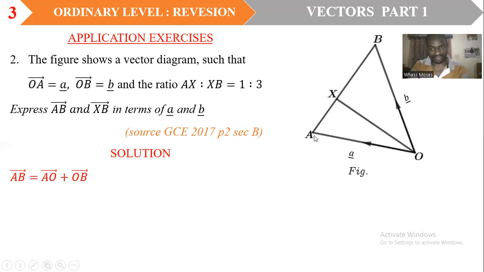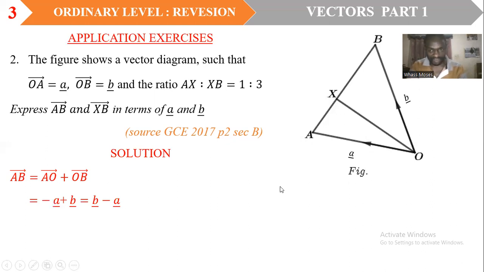And there is something we need to know. Moving from A to O, we are moving in opposition to this arrow. Since vectors are specified with directions, whenever we move in opposition to the direction, the sign also changes. So if OA is a, then AO should be negative a.